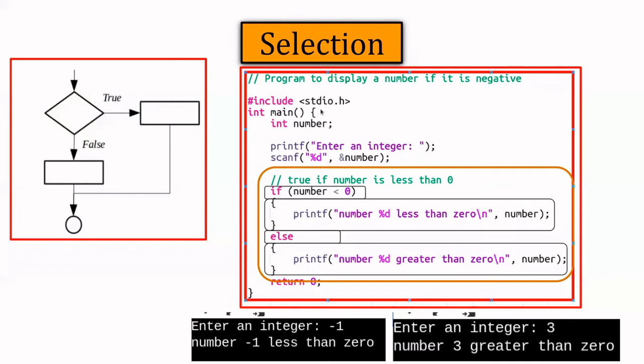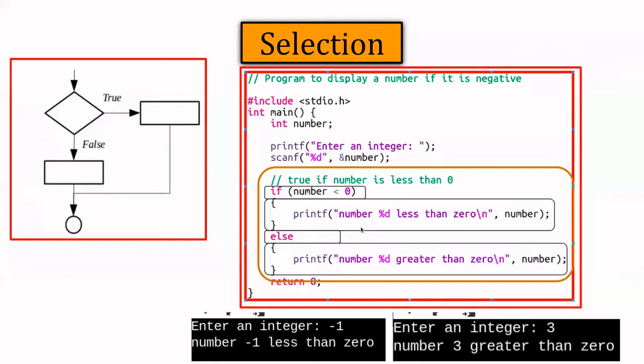Now you can see here, int main declares an integer data type number, printf enters an integer, scanf reads the number, then it checks whether the number is less than 0.